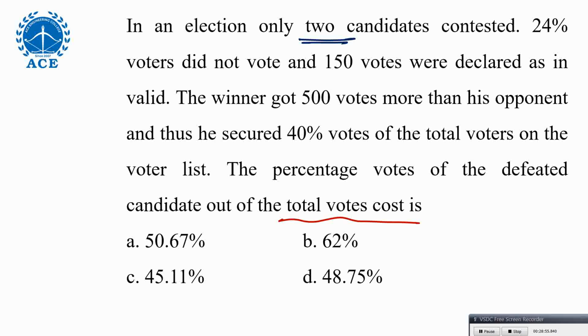You can clearly sense the winner got 500 votes more than the opponent and secured 40% of the total. So the defeated person should definitely get less than 40%. Otherwise the defeated candidate would have won, and that's a wrong statement. So there is a mistake in the options, but no worry.